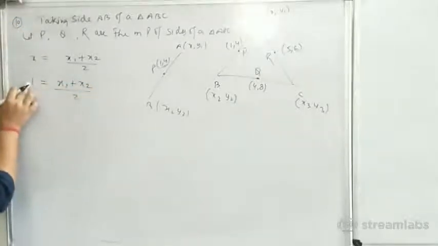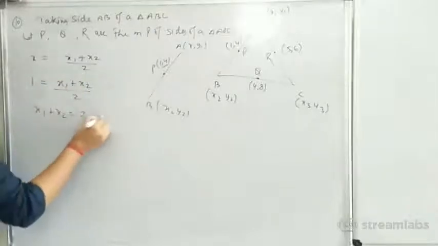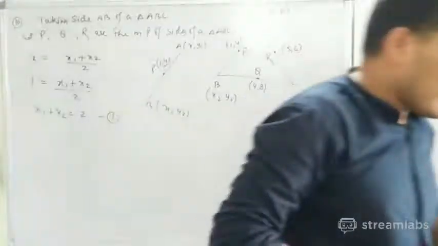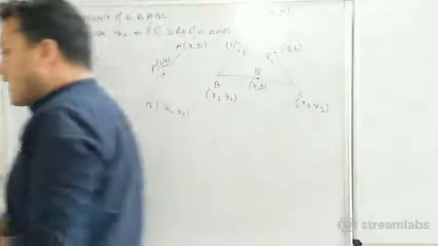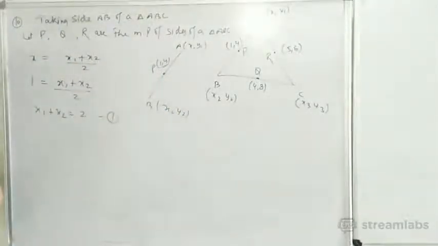Cross multiply, 2 times 1 is 2, so x1 plus x2 is equal to 2. Equation number one. When we get all the equations, we can find the values of x1, x2 and x3, similarly y1, y2 and y3. That is our main question.